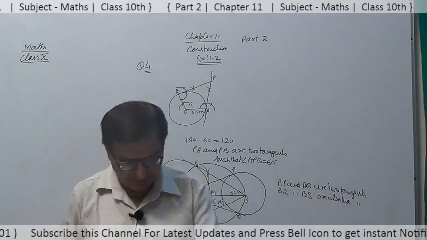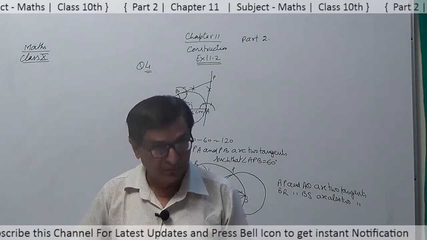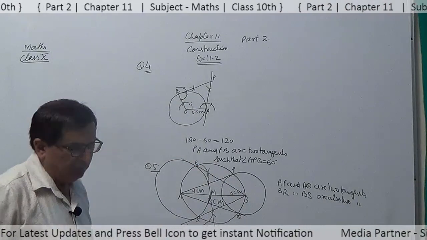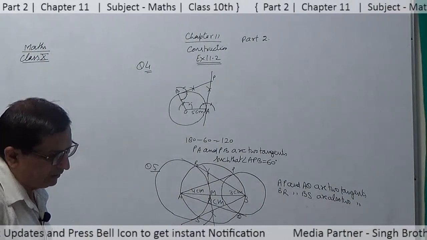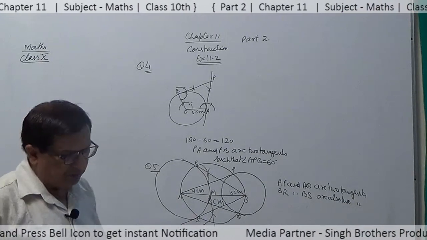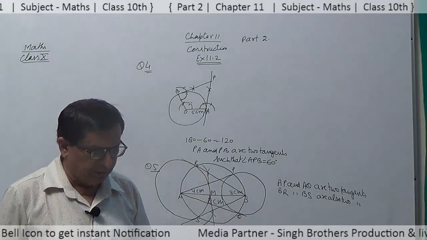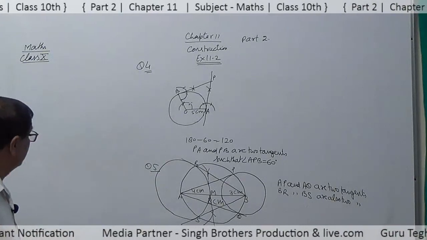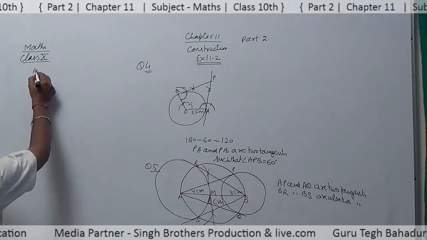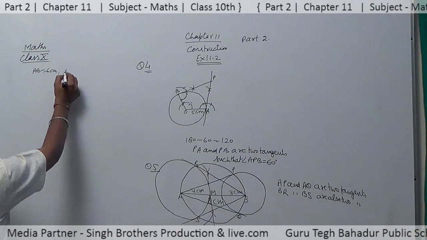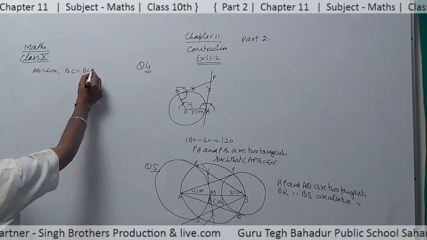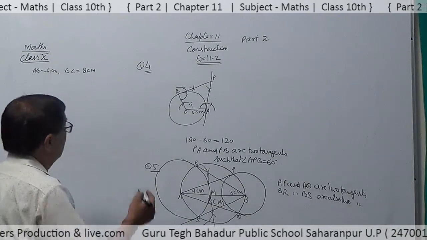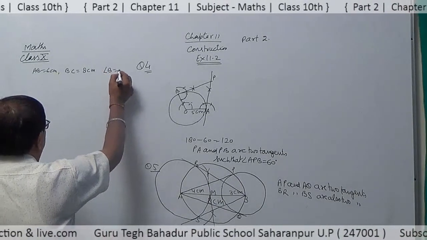Let us see question number 6. ABC is a right angle triangle in which BC is 8 centimeter, AB is 6 centimeter and angle B is 90 degrees.